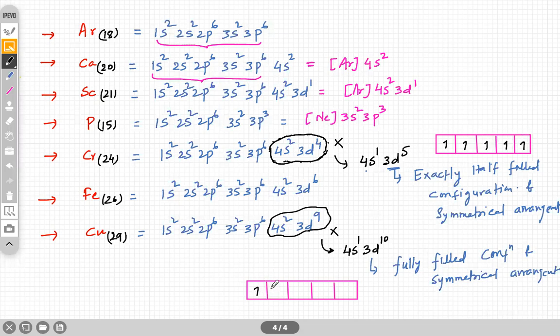Here we get 1, 2, 3, 4, 5, and then pairing 6, 7, 8, 9, 10. You see, all the orbitals have one electron here. That's why it is symmetrical arrangement, and this gives extra stability to the atom. Symmetrical arrangement gives extra stability.